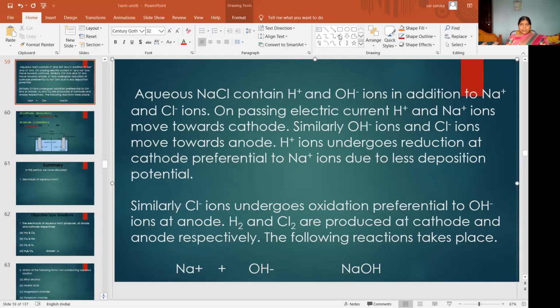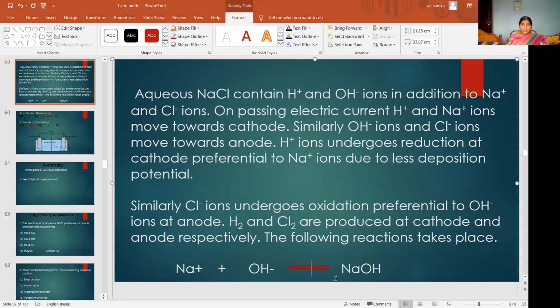So here we will keep this arrow mark. This is the reaction taking place. Na plus plus OH minus combine to give the NaOH product.